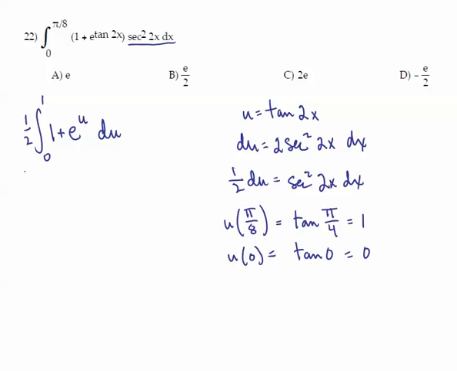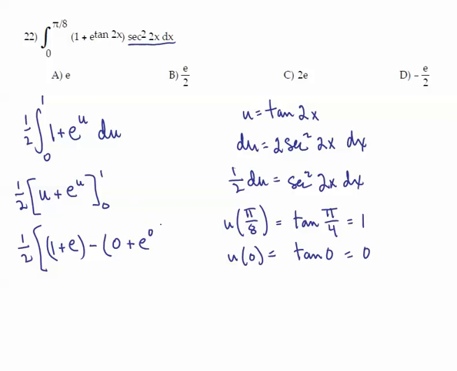All right, now we're ready to find the antiderivative. The antiderivative of 1 is u, and the antiderivative of e to the u is e to the u. Evaluated at 1 minus evaluated at 0. So we get 1 plus e to the 1 minus 0 plus e to the 0.